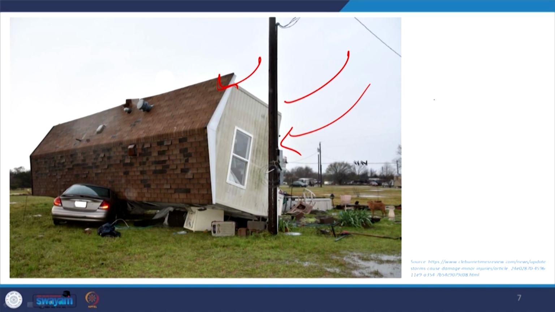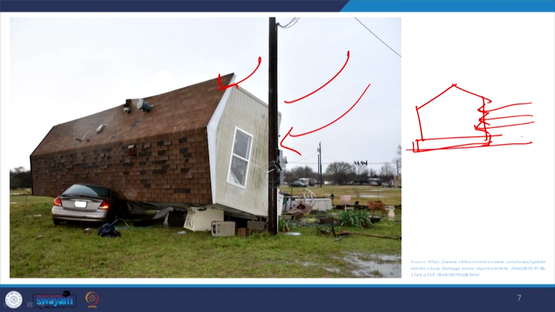Normally whenever you have this pitched roof and all, it depends on how the wind is coming, that wind direction will decide the change in the position of the structure.